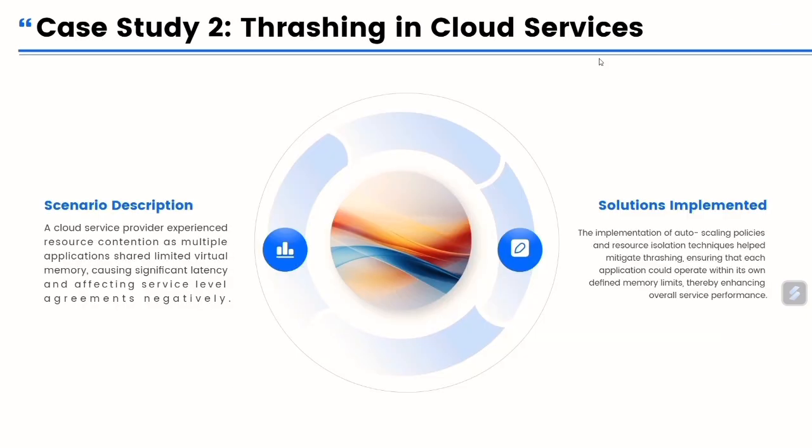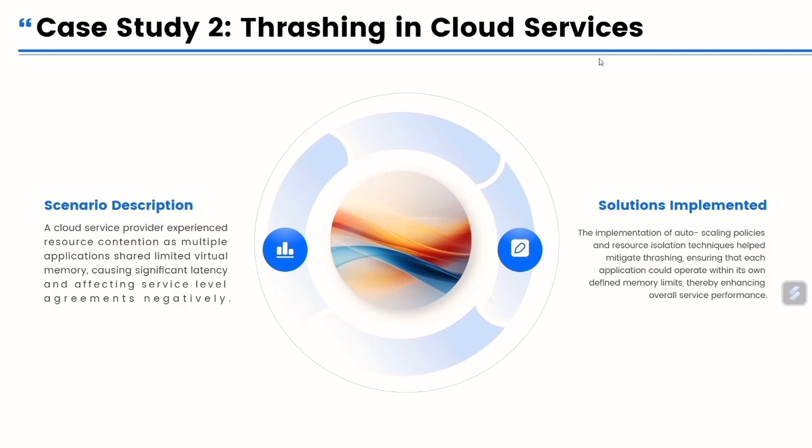Case Study 2. Thrashing in Cloud Services. Scenario Description: a cloud service provider experienced resource contention as multiple applications shared limited virtual memory, causing significant latency and affecting service level agreements negatively.